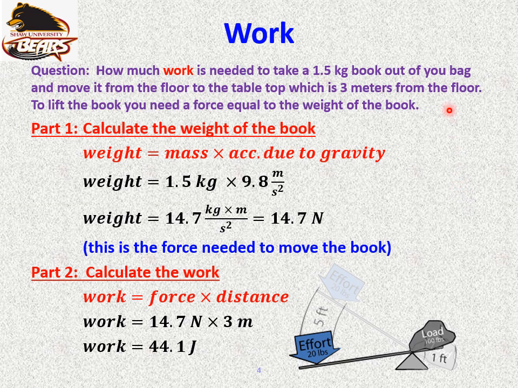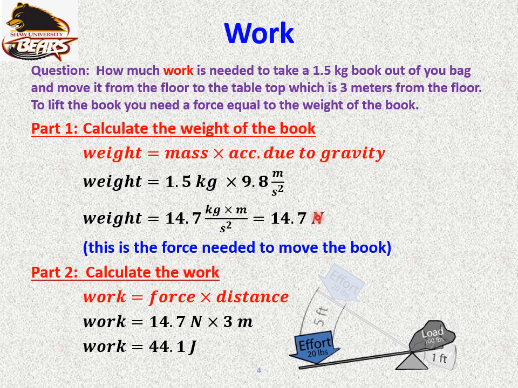First, what is the force? The force is actually the weight of the book, mass times acceleration, which is 1.5 kilograms times 9.8. That gives you 14.7 newtons, which is the gravitational force on the book. And the force from your hand cancels this force, so the book goes up.